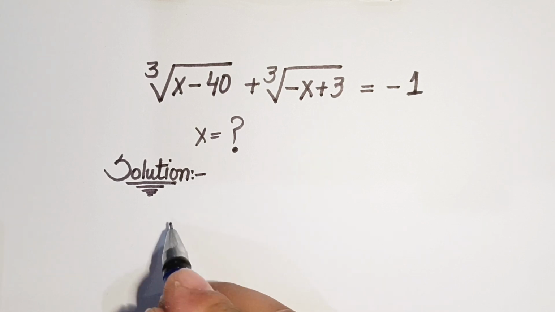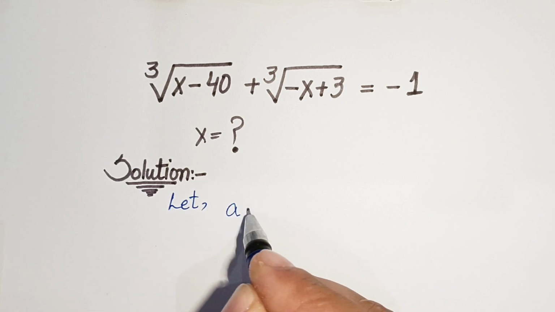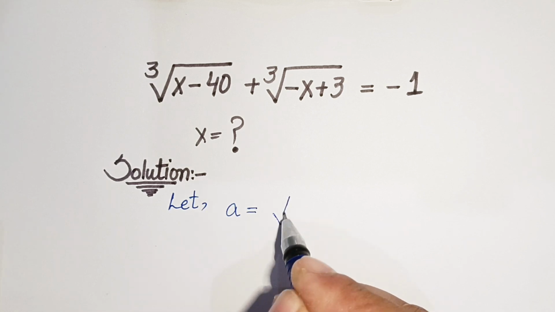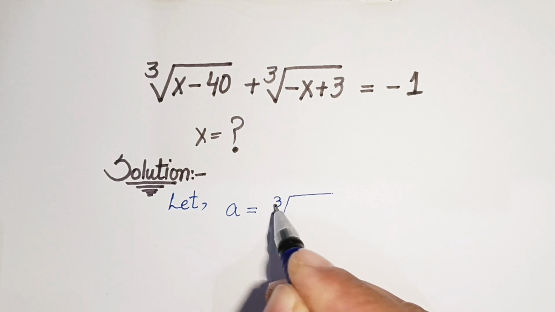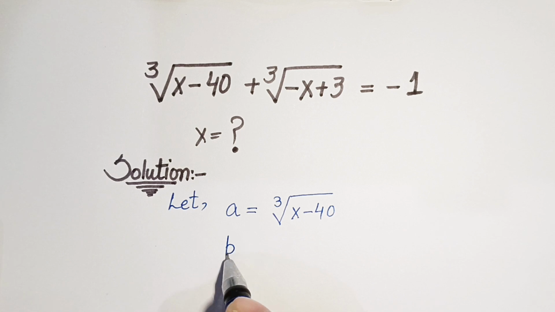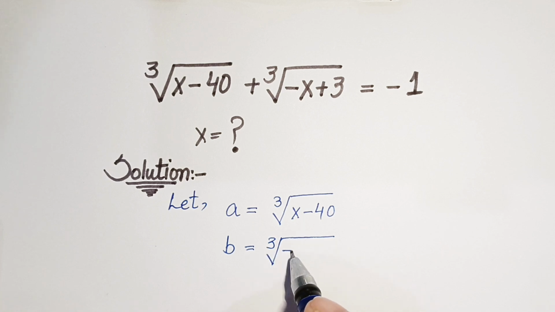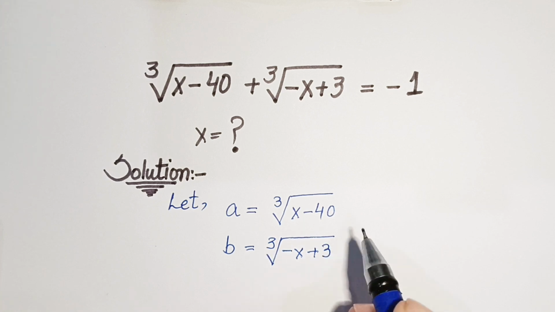So let us suppose that a is equal to cube root of (x minus 40) and b is equal to cube root of (minus x plus 3).